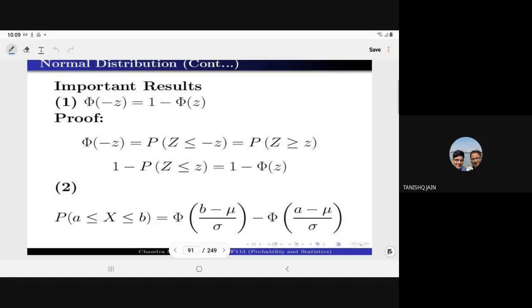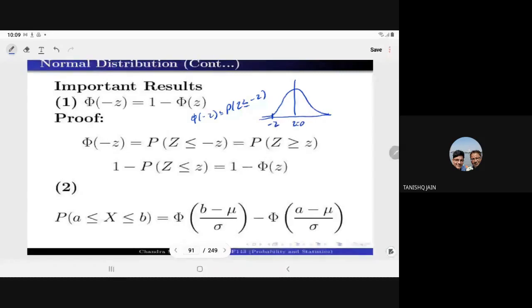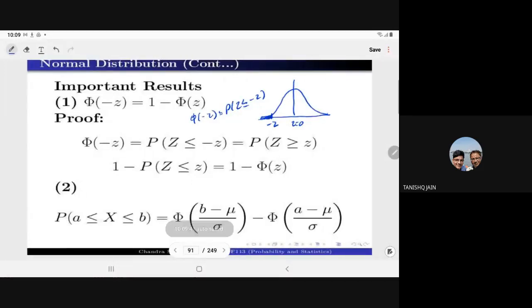Now from here, we have one important result: phi of minus z is equal to 1 minus phi of z. Very important result, you can observe that we have the symmetric curve. So what is phi of minus z? Phi of minus z means it is the probability Z less than or equal to minus z. Here we have z equal to 0, and the minus z means this area, this shaded region.